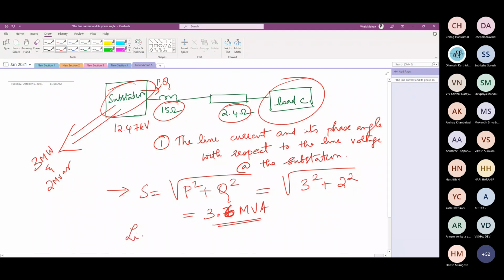Now what is the line current? How will you find the line current? Somebody keep your calculators with you and find the answers for me. Line current I equals S over voltage. The denominator should be voltage, 12.47 kV, that means 12470 volts. 3.6 MVA means 3600000 VA.